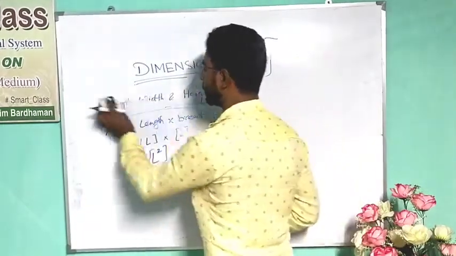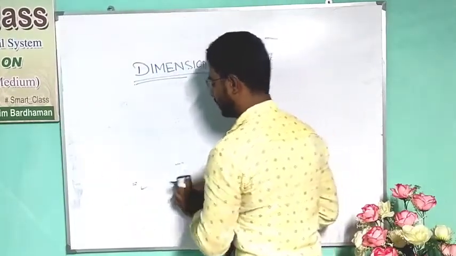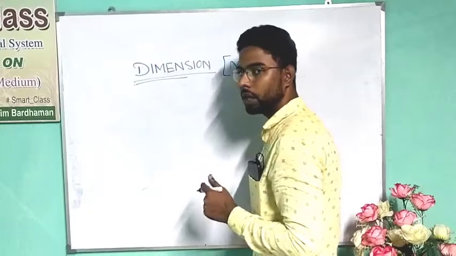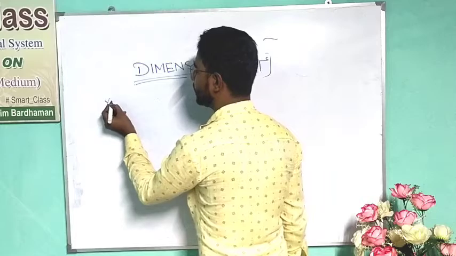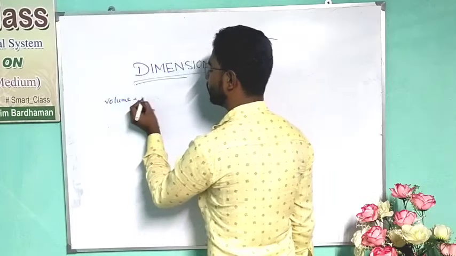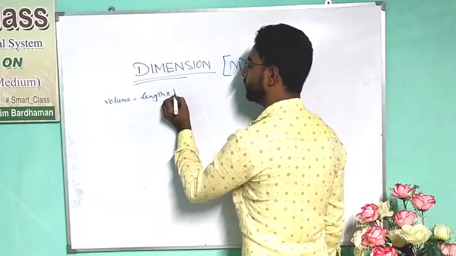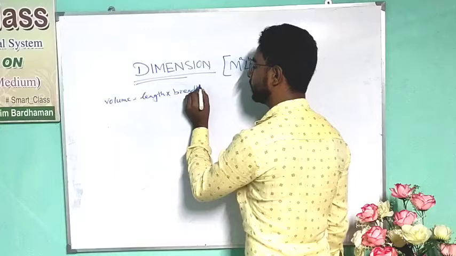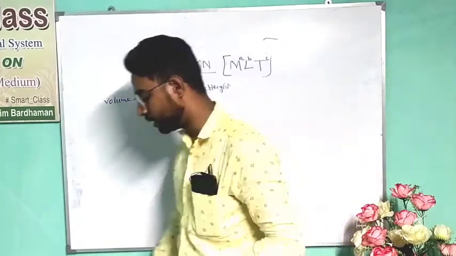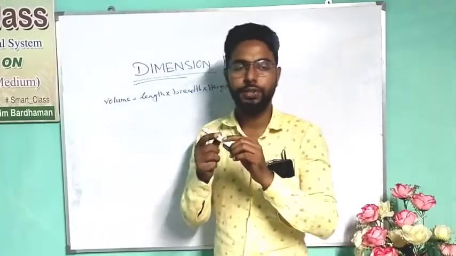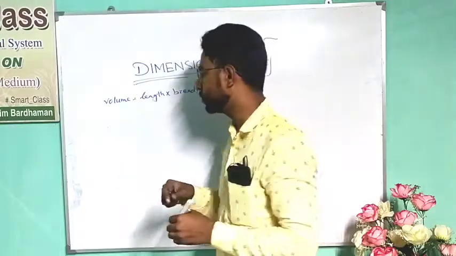Similarly, we can also find the dimension of volume. I have already told you we have to know the formula of the physical quantity. The next physical quantity is volume. The formula of volume is length into breadth into height. If I find the volume of this pen, we have to know the length, breadth and height.